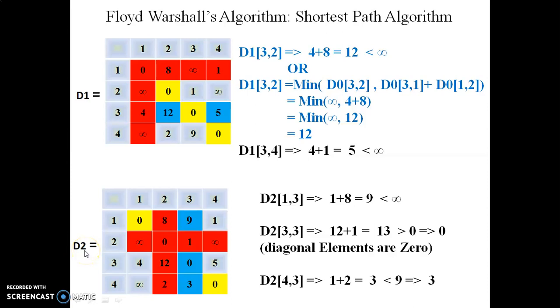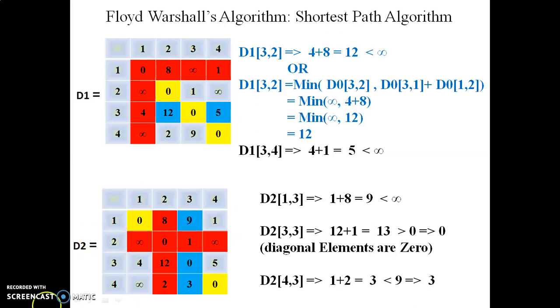Similarly, the second matrix, represented as D2, is obtained by considering the second row and second column. The second row and second column will be same as that of D1. If you see here, the second row is infinity, 0, 1, infinity, and the second column is 8, 0, 12, 2. So this is written same as that of D1. The next thing is that you need to observe the infinity index values.